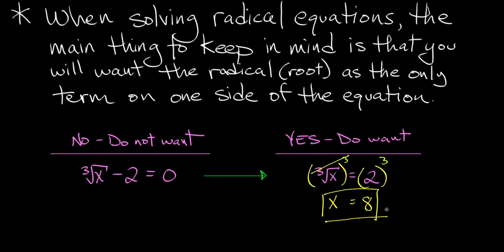And I don't know if I want to roll somebody for the next one or not. Does anybody know why the one on the left would be really hard to solve, the way it sits right now? To get rid of the cube root symbol, we usually cube. But if I cube the left-hand side, I would have to cube it like that. And why would that be difficult? I know some people in here would make a mistake and just write x cubed minus 8, and that's definitely not right.